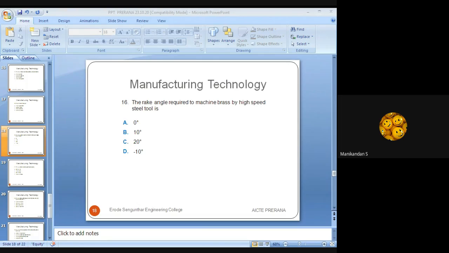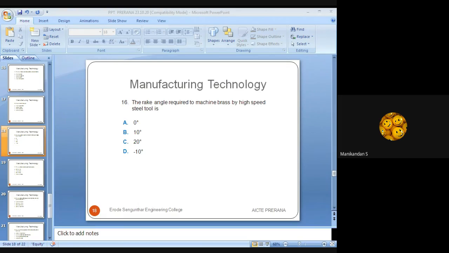Actually, bronze is a soft material. Due to this, using high speed with a zero rake angle is preferred. Okay, so the answer is zero. A good surface is also obtained with the zero rake angle while machining bronze with HSS tools.